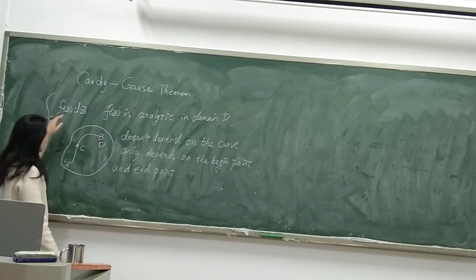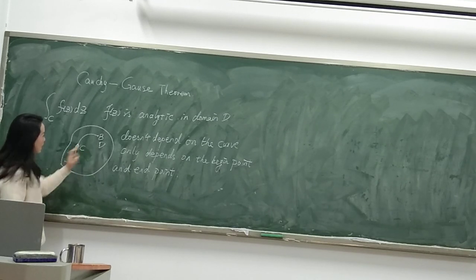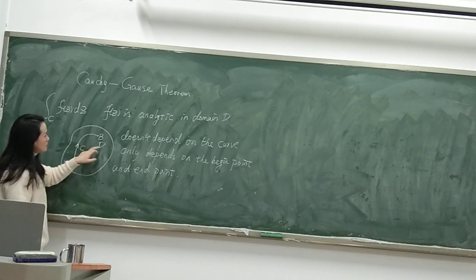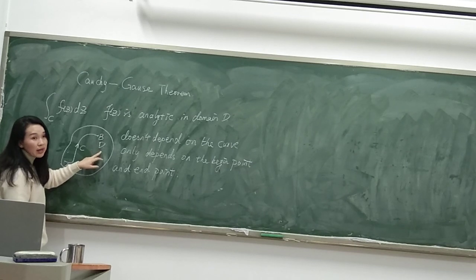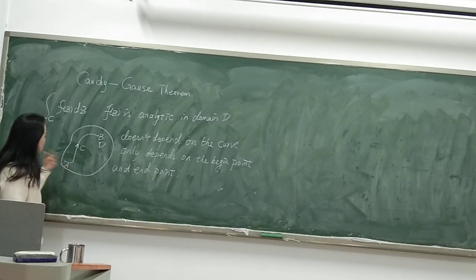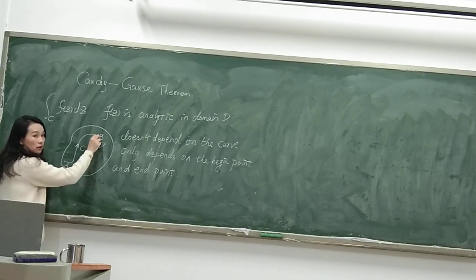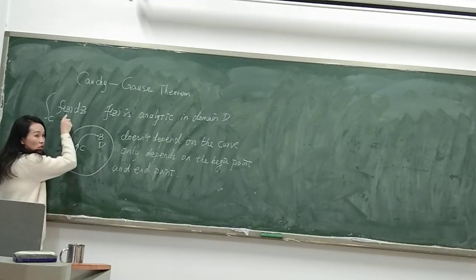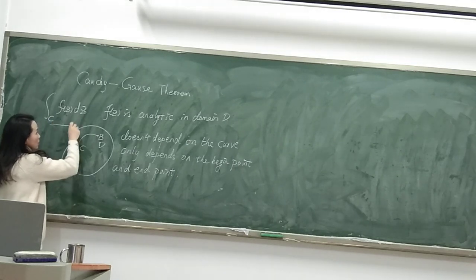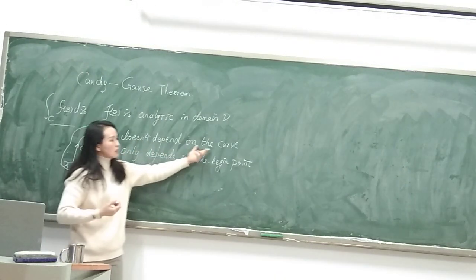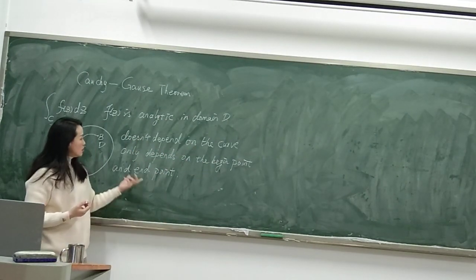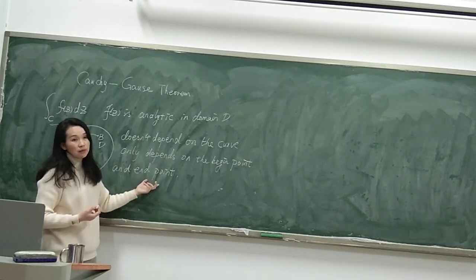So if f(z) is analytic on this D and C is a curve in this domain, if C is open, there is a beginning point and an end point. If this is analytic, the integral doesn't depend on the curve, only on the end point and the beginning point.